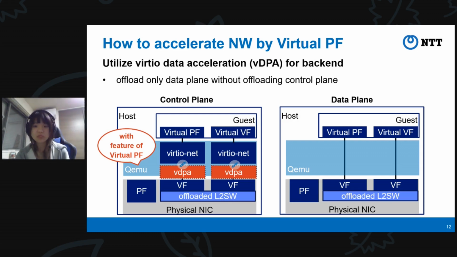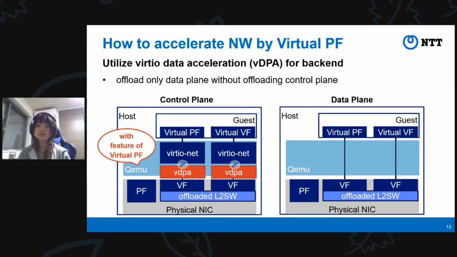But it's not possible to accelerate network by SR-IOV emulation. So we use a virtio data path acceleration, vDPA, device for backend. These figures show the network acceleration by vDPA. vDPA can offload only the data plane without offloading the control plane.